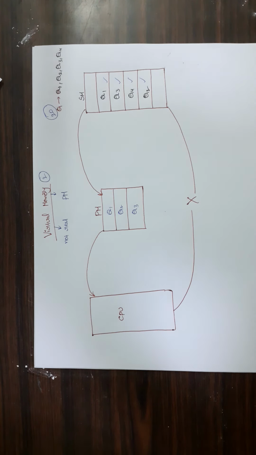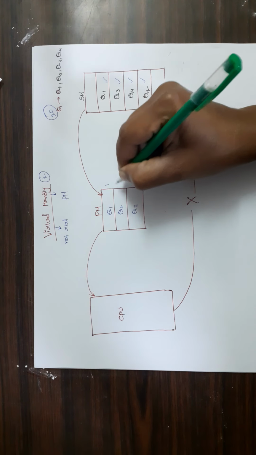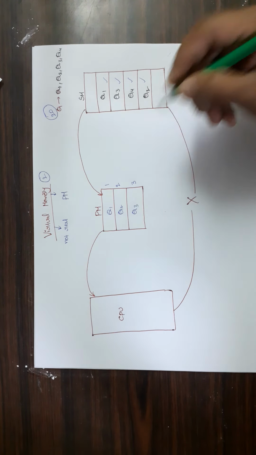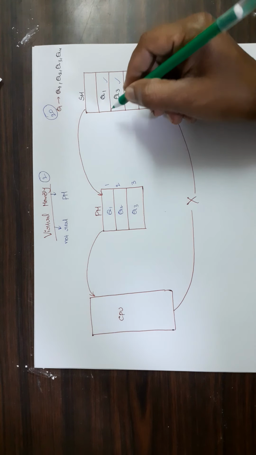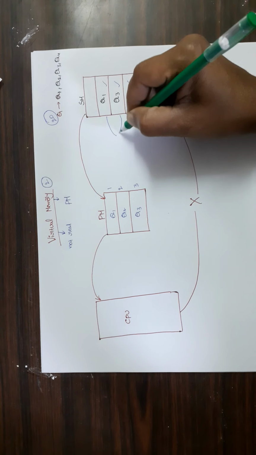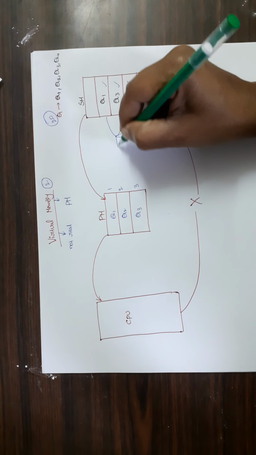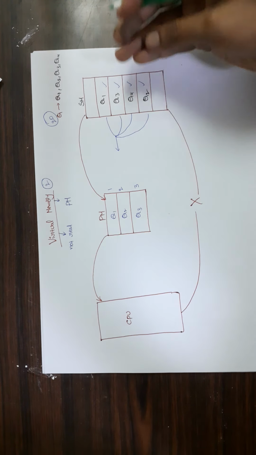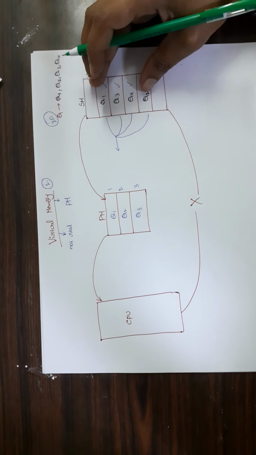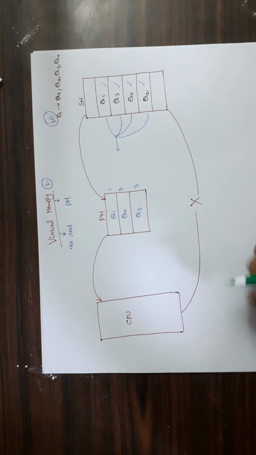But if you observe, in the primary memory we have only 3 frames. So we cannot store 4 pages of data. We cannot store 1, 2, 3, 4. We cannot store these 4 pages into the primary memory. That means we cannot load all the pages of process queue into the primary memory.